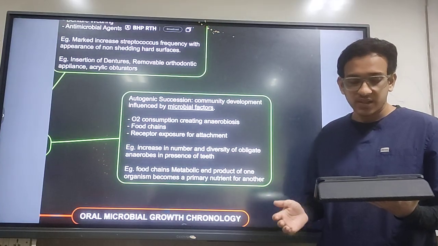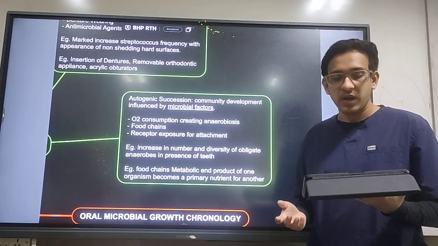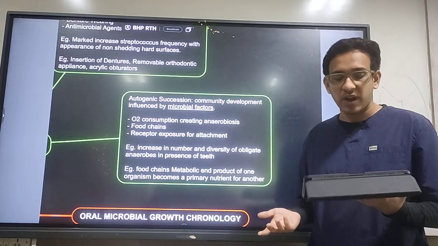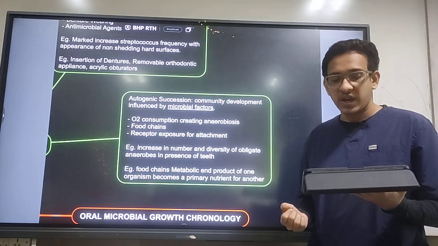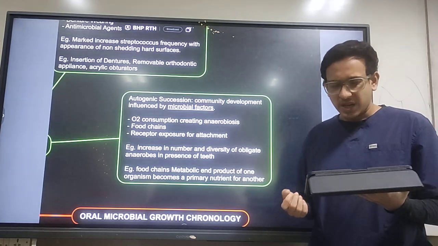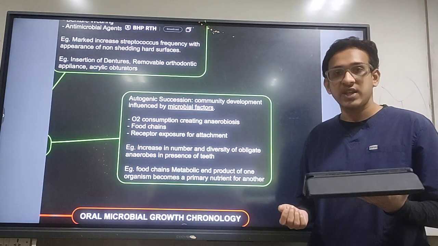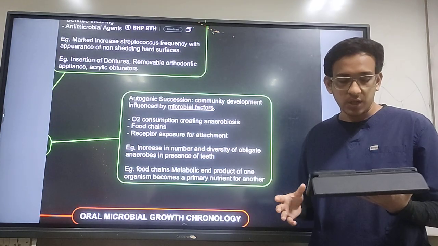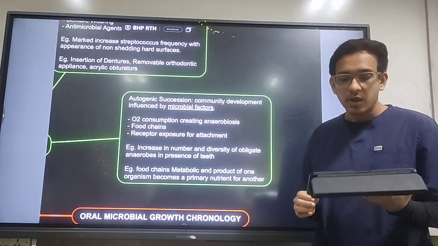Whereas autogenic succession is community development influenced by microbial factors. Factors such as O2 consumption, creating anaerobiosis, food chains among the microbial community, or receptor exposure for attachment.